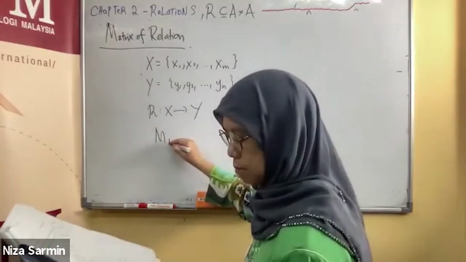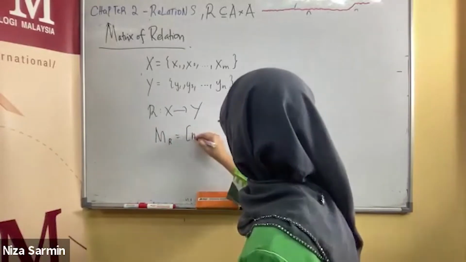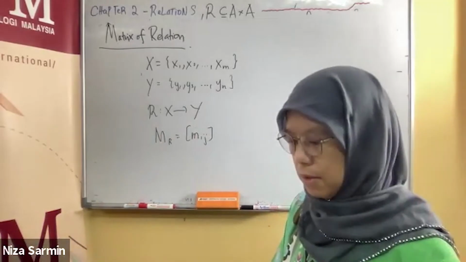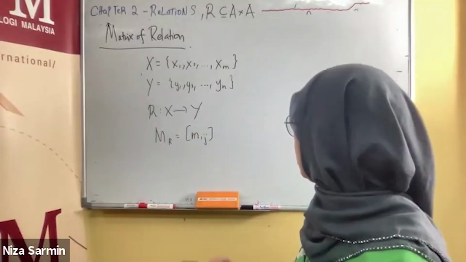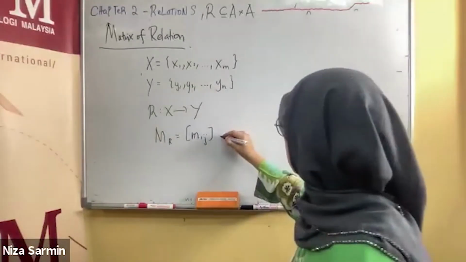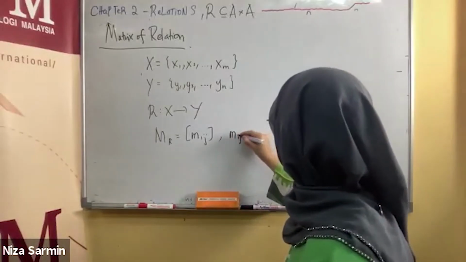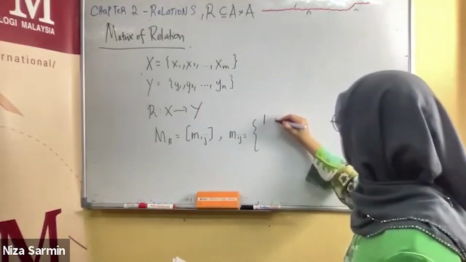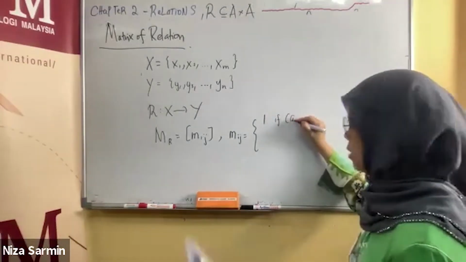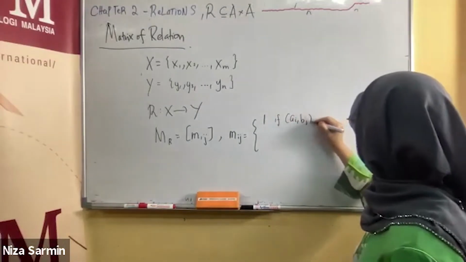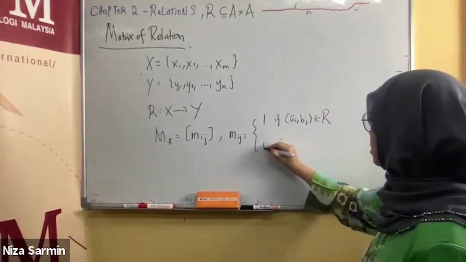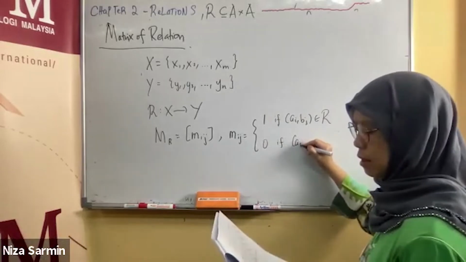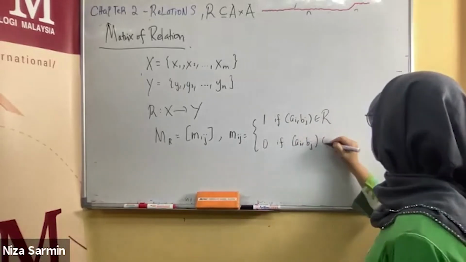And the matrix M sub R has entry Mij. You find Mij to be 1 if Ai, Bj is related, 0 if Ai, Bj is not.